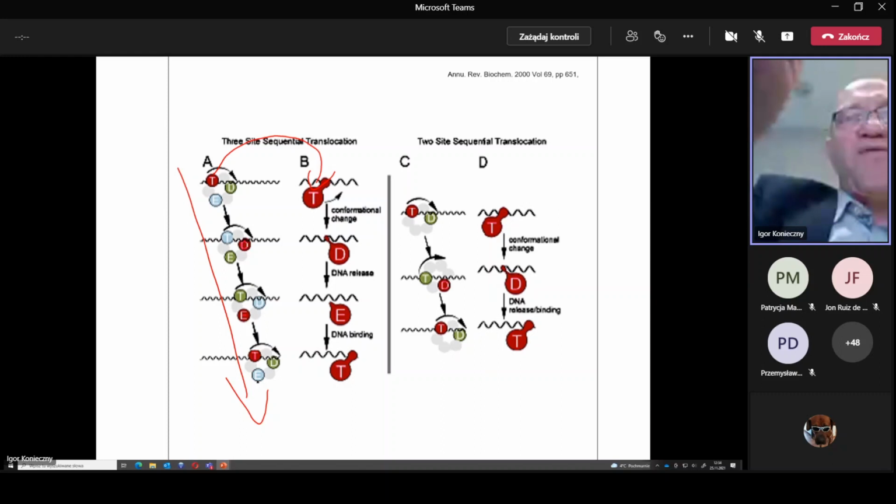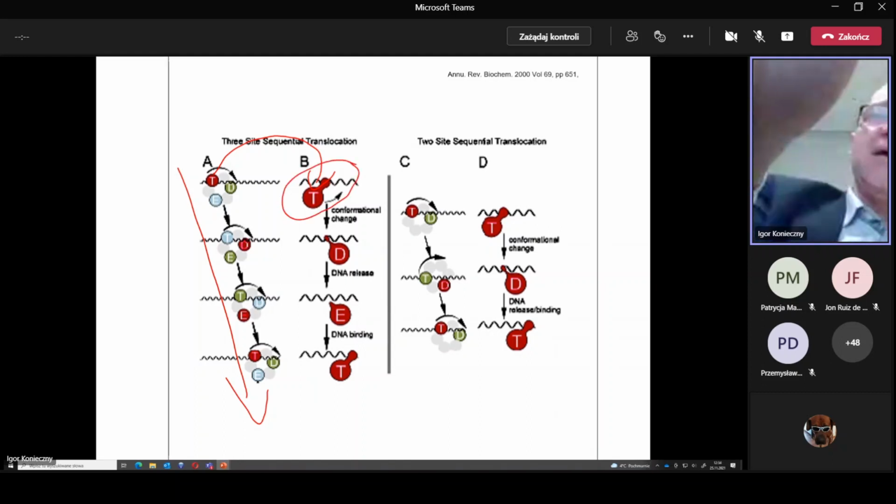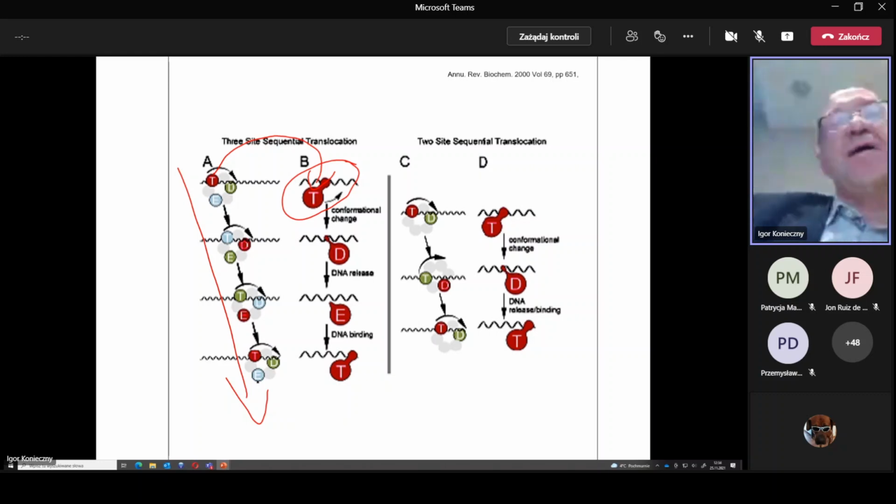Yes, then in the empty state, the DNA is released, the interaction with this one subunit is released. And after interaction with ATP, the DNA binding is established de novo by this particular subunit. So when one subunit binds DNA, the other could be dissociated from the DNA interaction. And the third one, at the same moment, would bind DNA, but on a different side.